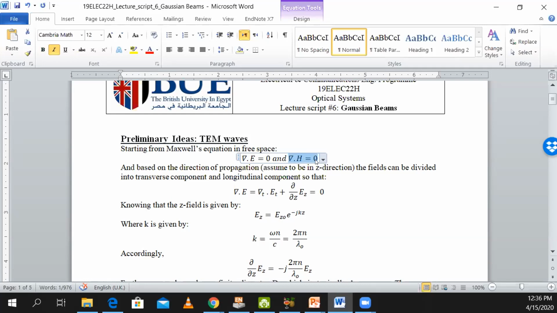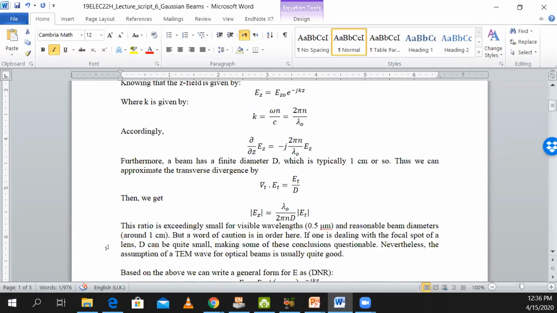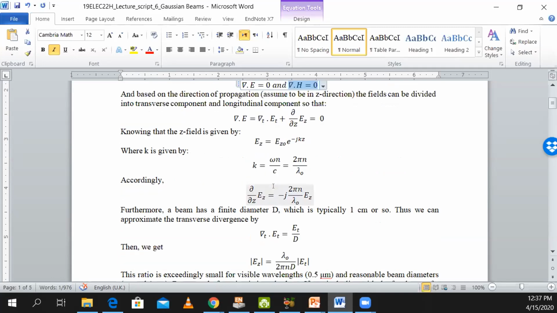It's not a typical TEM wave because you have an Ez component, but it's quasi, semi, it tends to be a TEM wave.